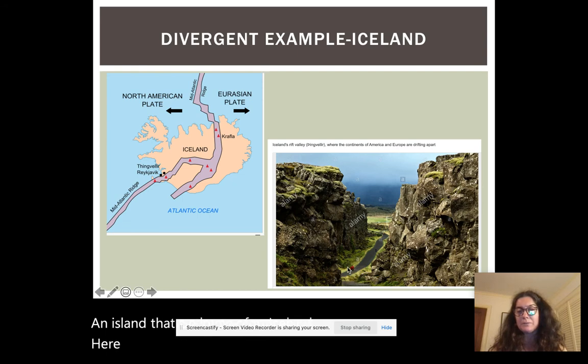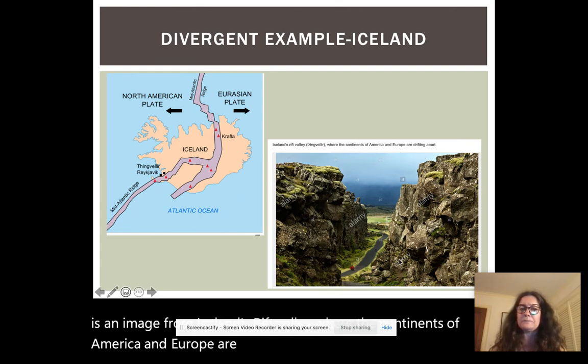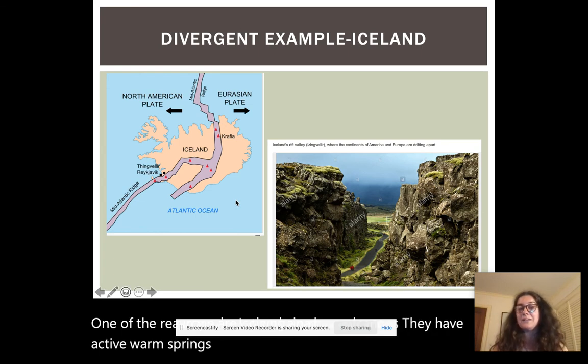These are little people represented in this image. This is an image from Iceland's Rift Valley, where the continents of America and Europe are drifting apart. One of the reasons Iceland has volcanoes and active warm springs, and why the entire nation runs on geothermal energy.